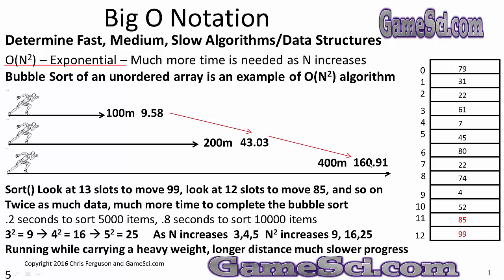Well, if you increase the size of the data, the time it takes to do that dramatically goes up. If it would take 0.2 seconds to sort 5,000 items, it might take 0.8 seconds to sort 10,000 items. Think about it. 3 squared equals 9. 4 squared equals 16. 5 squared equals 25.